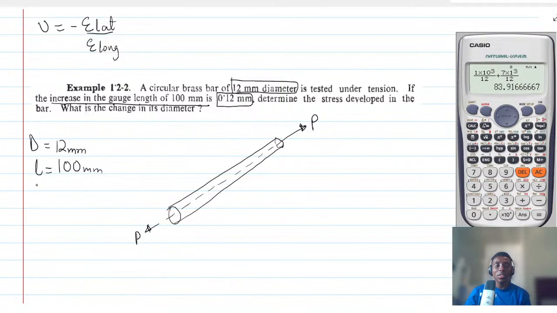The gauge length simply means the test length, the one that we have used. So this is the 100 mm, and then the diameter is what we have there. When we say the increase in length, it means the change in length was 0.12 millimeters.